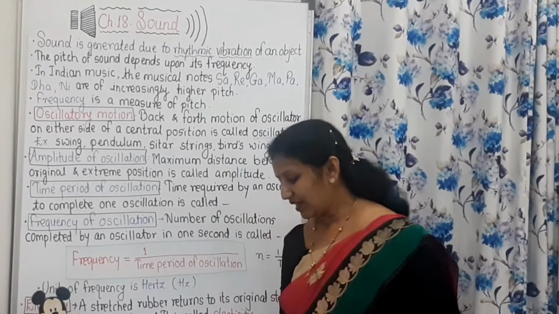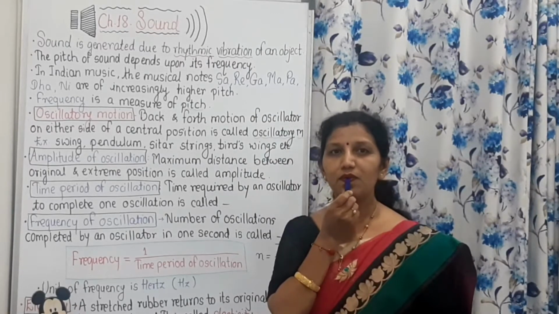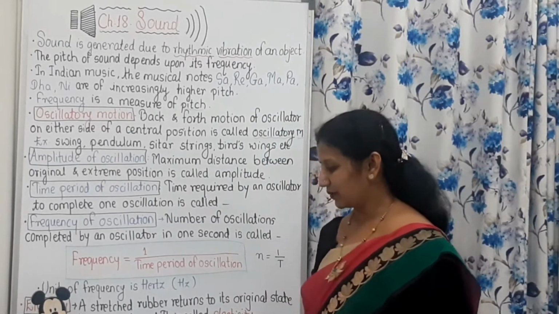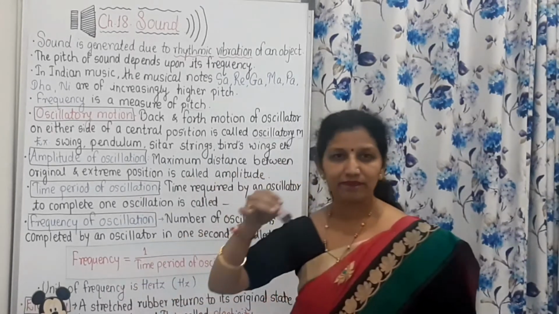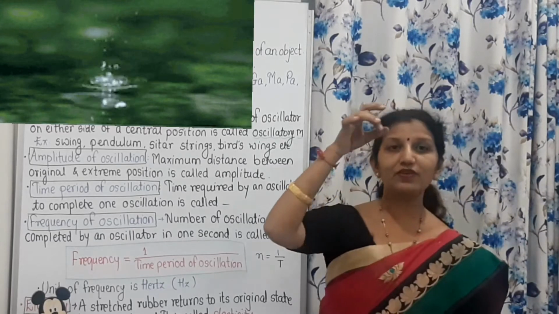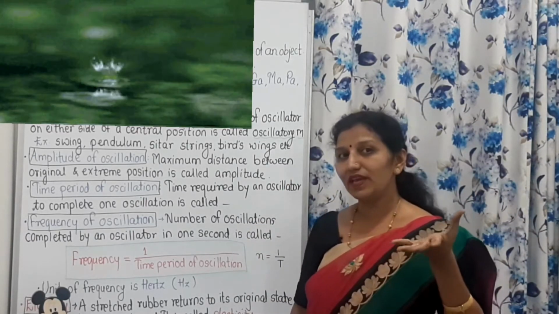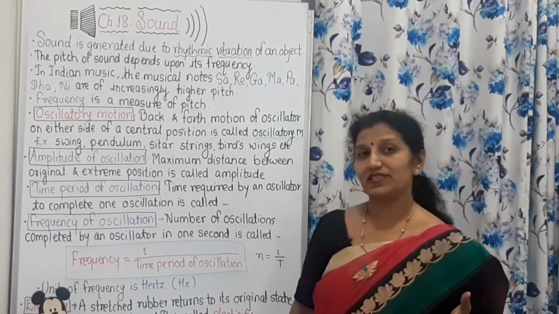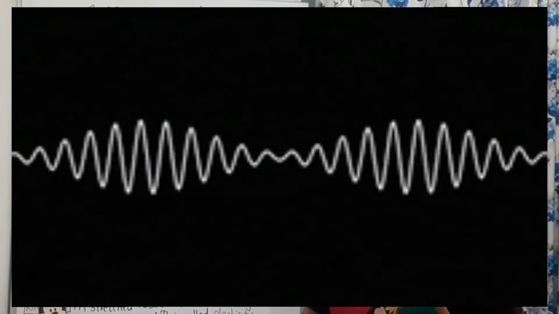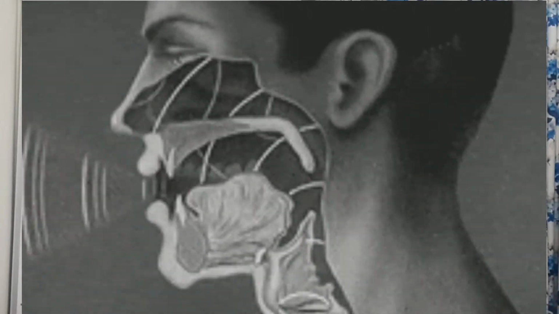See, when I try to whistle on this, there is production of sound. If I drop this into the water, at that time what will happen? There will be production of vibrations, and due to these rhythmic vibrations there is production of sound.